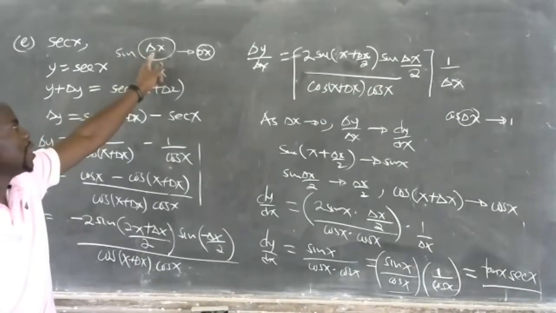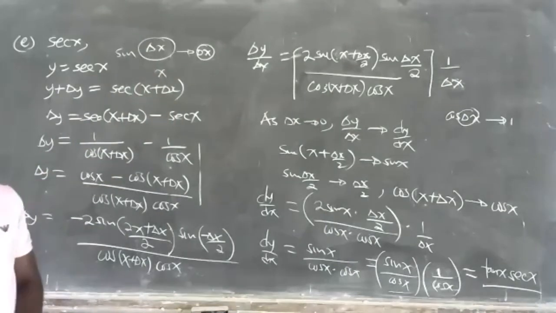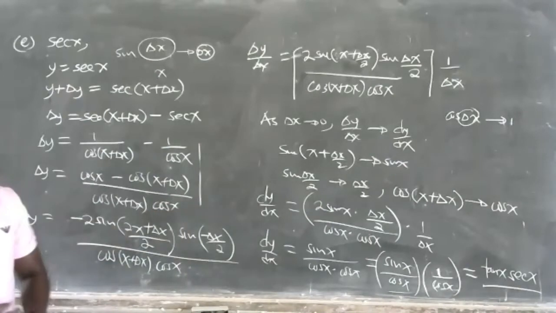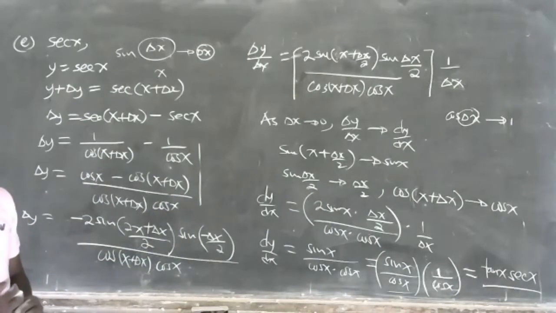The small increments, a very, very small angle measured in radians. The change in x, not x. Even when I was beginning the topic, I wrote change in x. Okay?